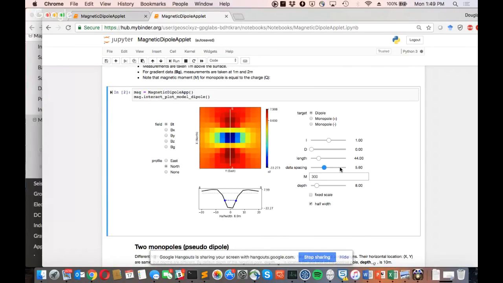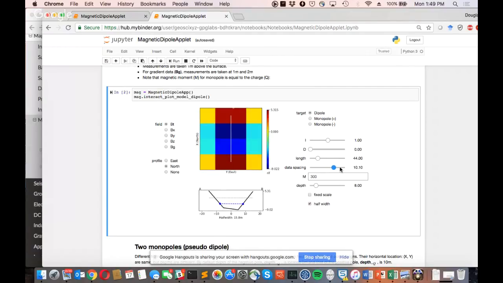If you make it really coarse and decide, oh, I only want to do 10 meters or something, it's gone. So this is kind of a fun thing to play with, because it really helps in survey design. You can decide how often you need to take data.